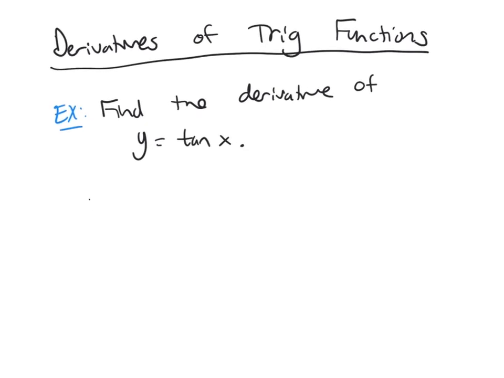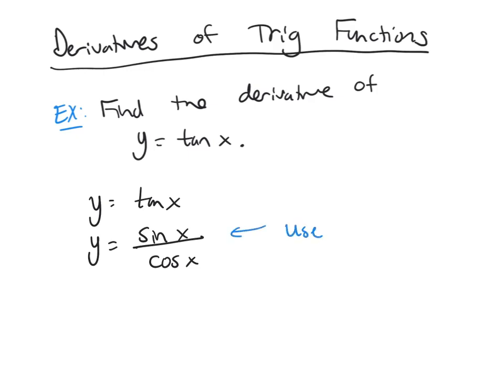Okay, so I have my function tangent of x, but I know I can rewrite tangent as a fraction. It's sine over cosine. And then here I have a quotient, so we can use the quotient rule. So that's what we're going to use here.